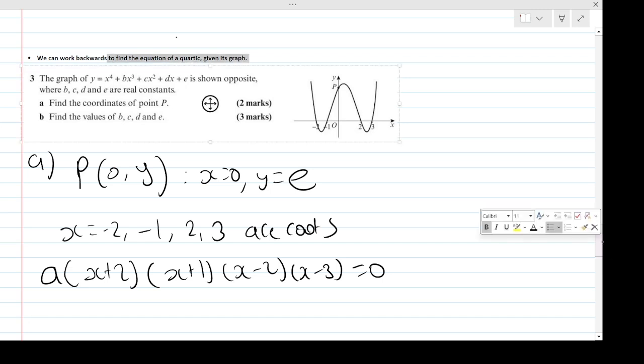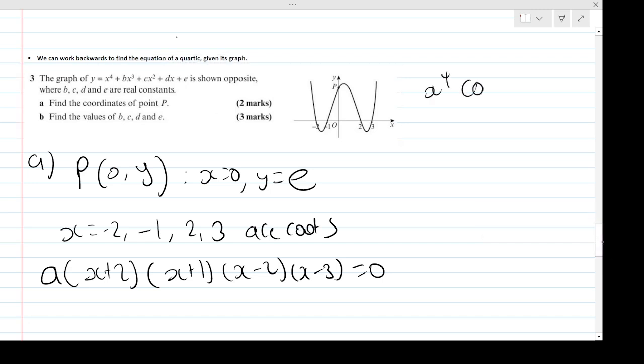the coefficient of x to the 4 is 1. They told us that actually. So we just need to work out the other coefficients, but we can use it to help us. Why? Because if we were to expand all these brackets, and remember, like when we sketched it earlier, we worked out the x to the 4 coefficient to determine whether the shape was positive or negative by timesing all the x's in each bracket.